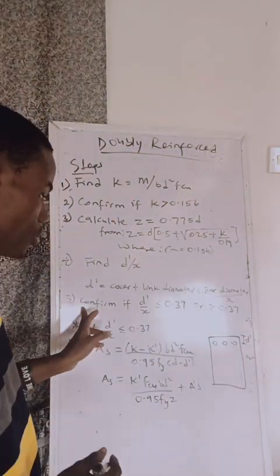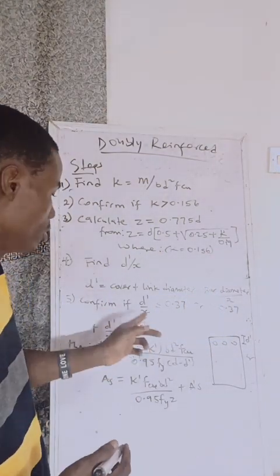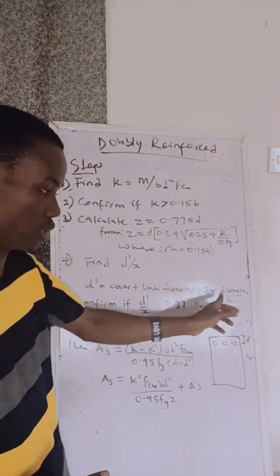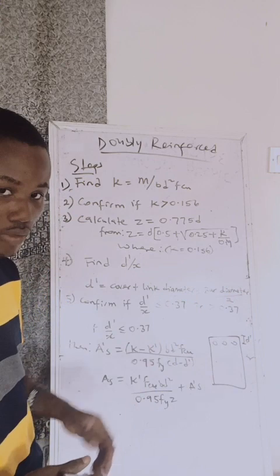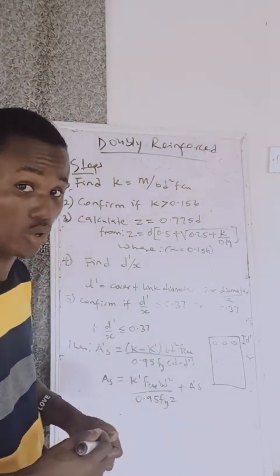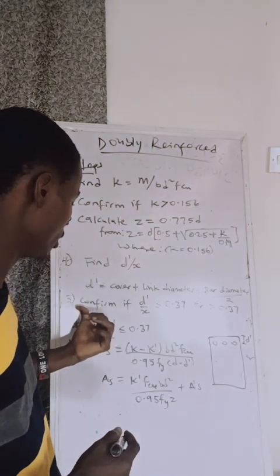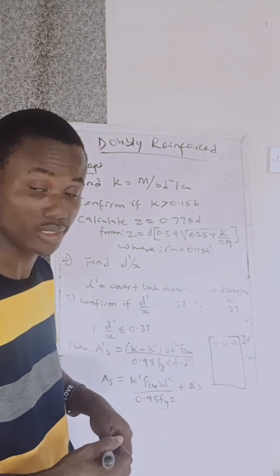Then you proceed to step 5. In case you're not given your d prime, it is cover plus link diameter plus bar diameter. You can be given the bar diameter and the link diameter, and be asked to find the cover yourself, so go and watch the video on nominal cover. To do step 5, you have to confirm if d prime over x is less than 0.37 or greater than 0.37.